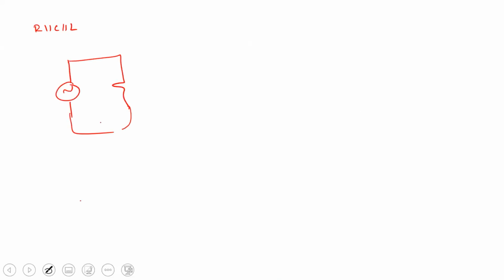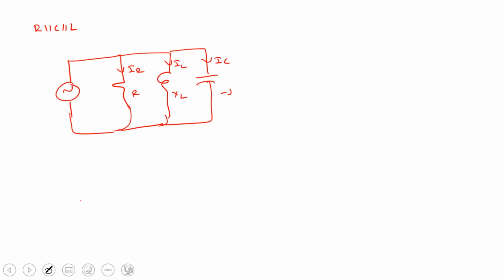So next we have all the three, that is R in parallel with C in parallel with L. So this is IR, and this is IL, and this is IC.